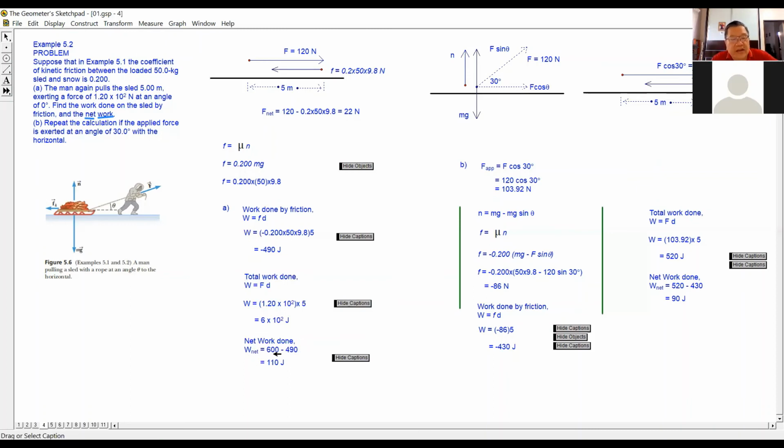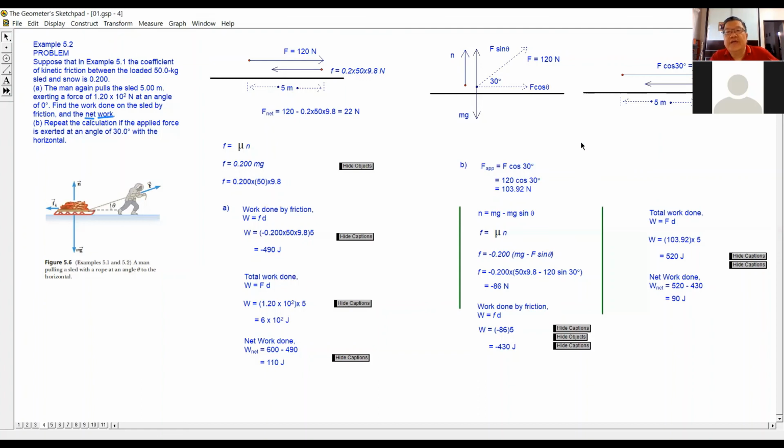So net work done is 600 minus 490, which is the work done against friction. So the net work done is 110 joules. This 110 joules is not used to overcome friction. It is used to move the load 5 meters. So this is the net work done, the energy needed to move the object.